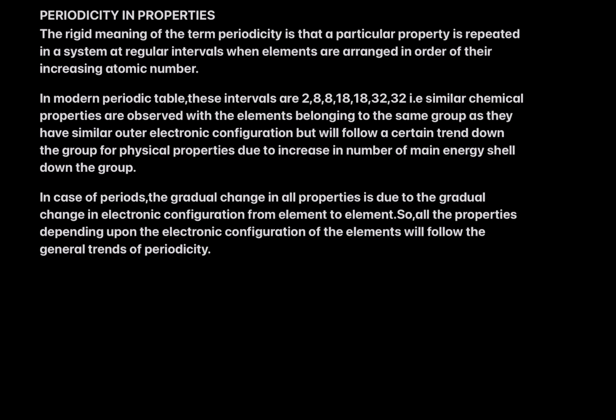So all the properties depending upon the electronic configuration of the element will follow general trends of periodicity. Now, in the next lecture, I'm going to discuss all the properties one by one in detail and their trend in the specific group and the specific periods.